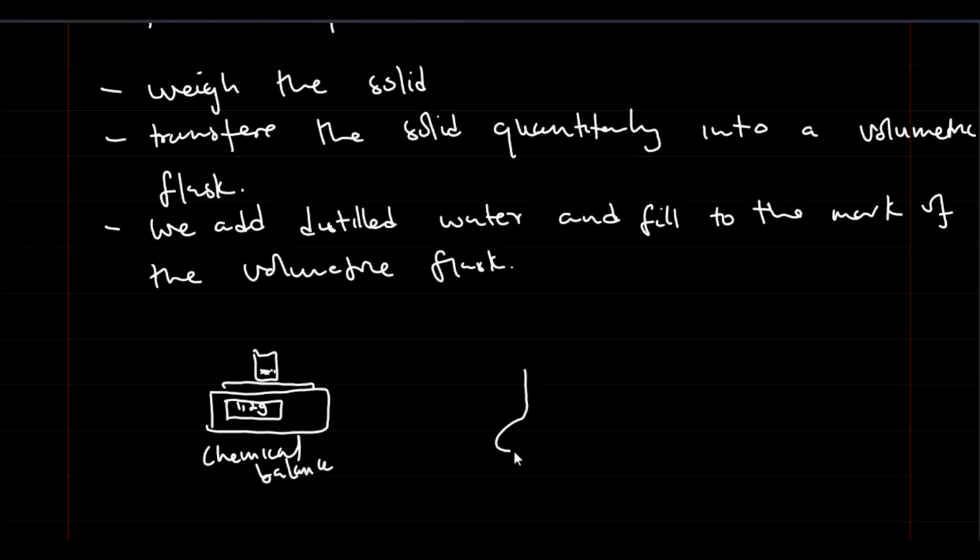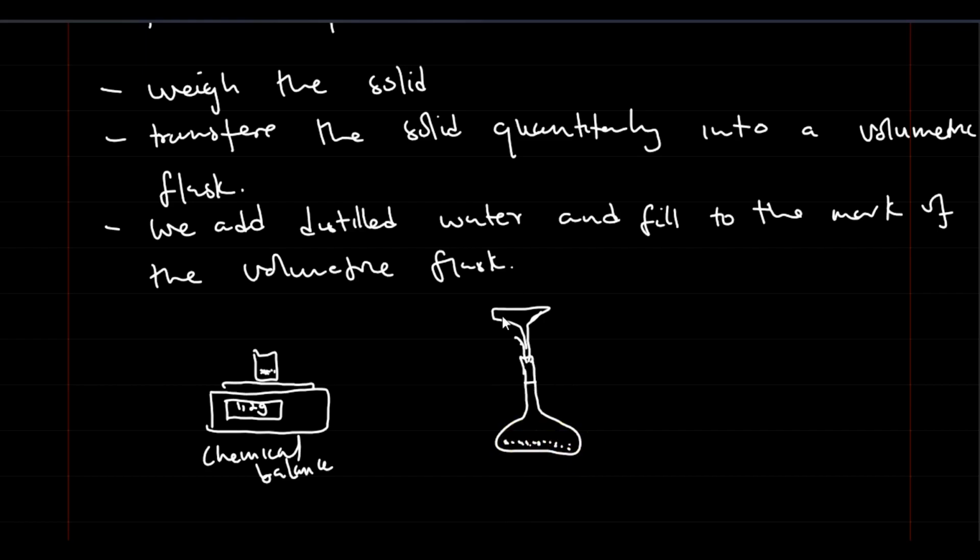Into a volumetric flask. So a volumetric flask is a glassware, an apparatus that we use to prepare solutions. Because it has a small neck, we use what we call a glass funnel, and then we transfer the solid through the glass funnel into the volumetric flask. Okay, so now you'll see that the solid deposits at the bottom of the flask.